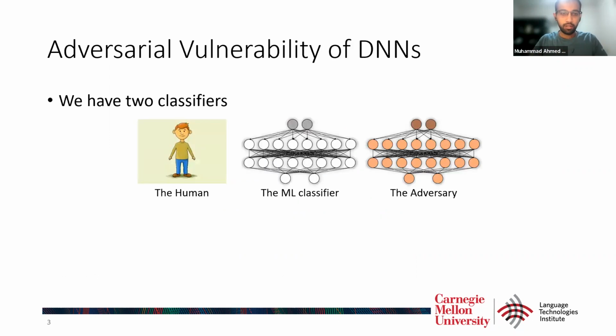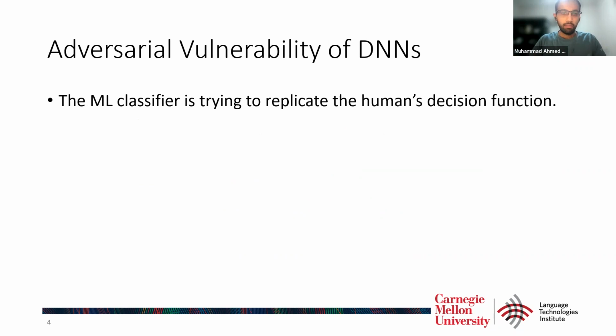So I'll talk a bit about how this comes about, why this happens. The scenario that we have is that we have three entities. One is the ML classifier, one is the human, and the third is the adversary. Now the job of the ML classifier is to replicate the human's decision function with regards to any task. So consider the example of image recognition, or let's say classifying animals.